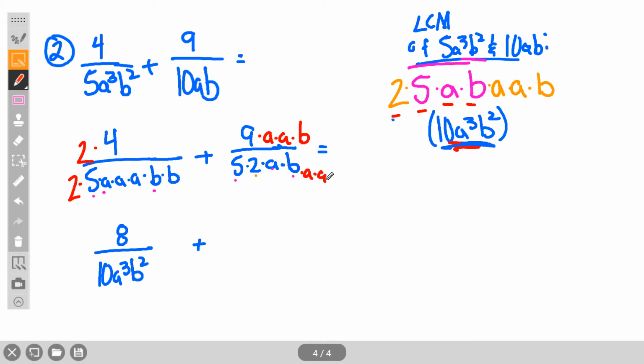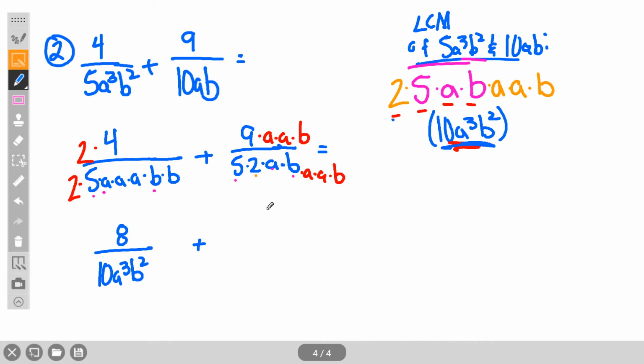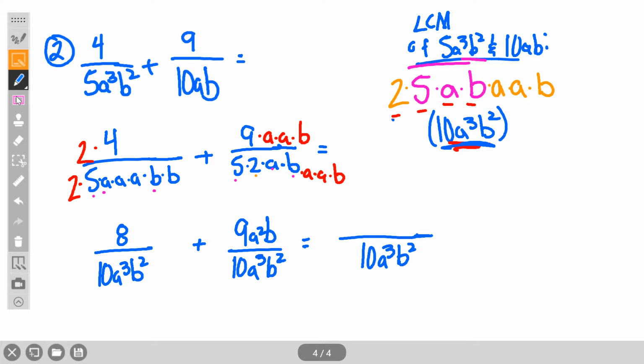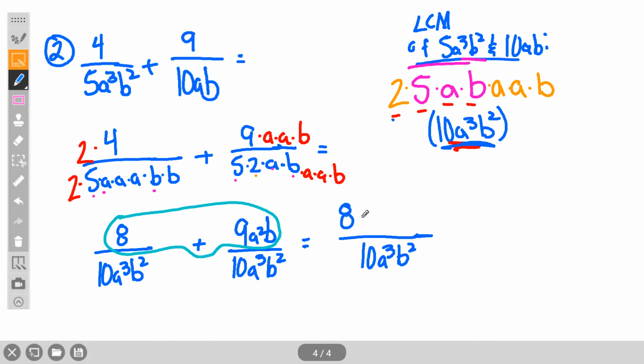That gives us 9a squared b in the numerator, and the denominator is the LCD, 10a cubed b squared. Now we've created the LCD for both fractions, so our answer will have 10a cubed b squared as the denominator. All we need to do at this point is the operation in the numerator. So 8 plus 9a squared b.